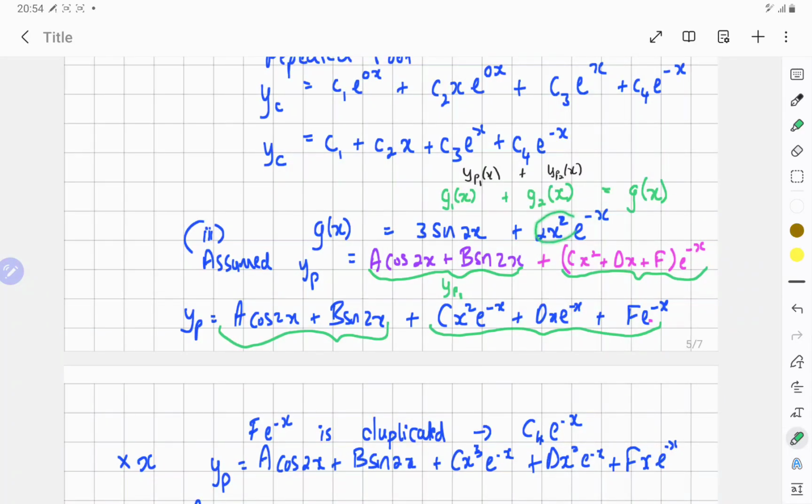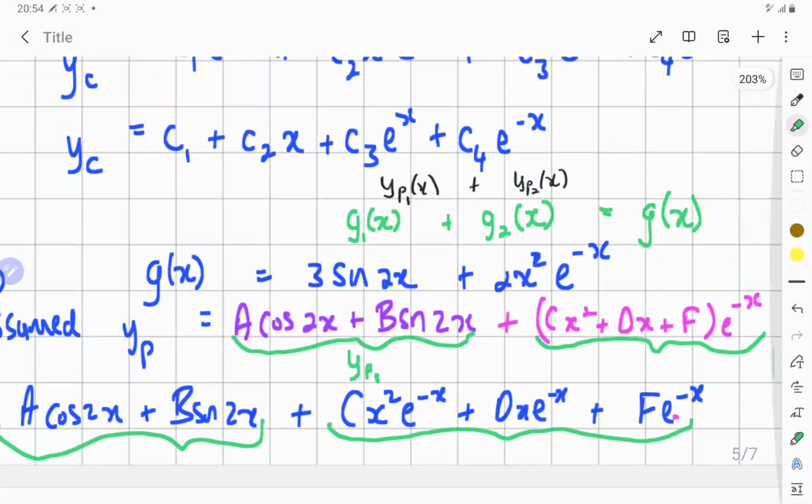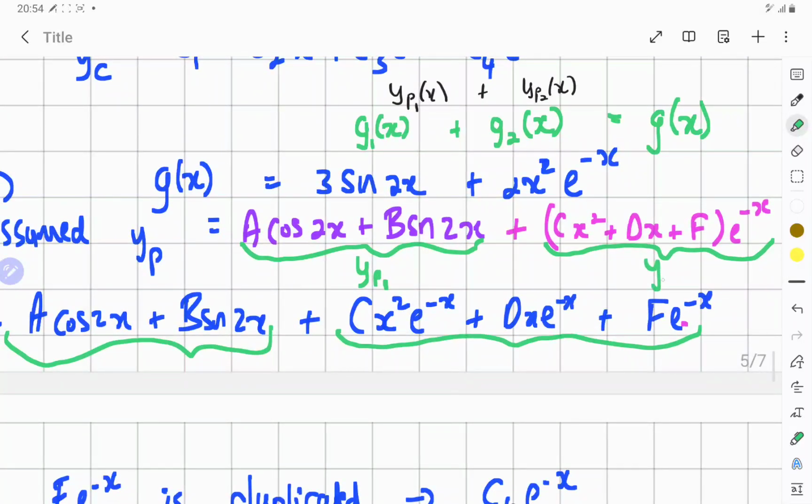A common mistake: students will see that and they will just put cx squared. No, we need to use the whole trinomial. Then we have e to the negative x. So again there, that is my assumed yp2.